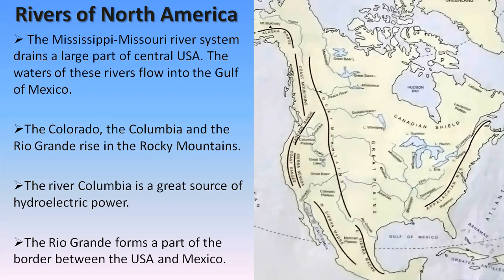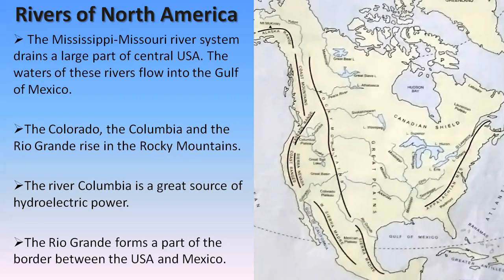All these rivers fall to the western side of North America, except the Rio Grande, which falls into the Gulf of Mexico in the south. The Rio Grande forms a part of the border between the USA and Mexico. So we revised the rivers once again.